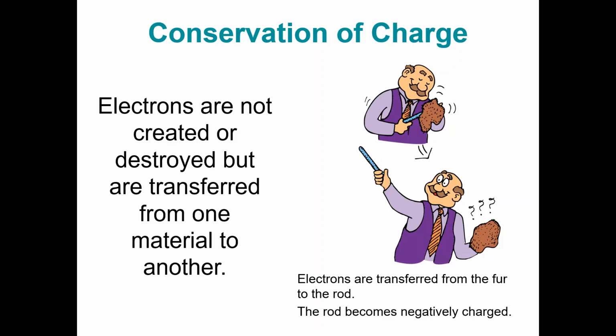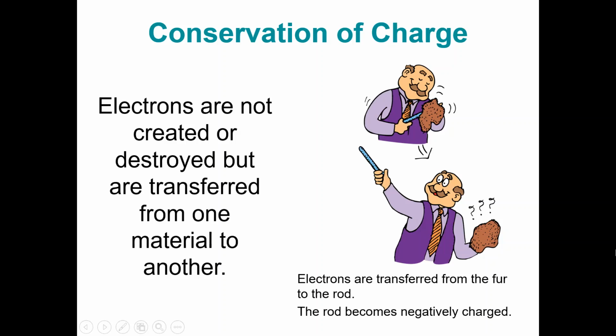Okay, so if we know this, that these charges cannot be destroyed and you can't make them, they're always there, you can realize, oh, well, they must just kind of move around from material to material. And that's what happens. Electrons can actually move from one area to another. The protons are stuck in the nucleus, but the electrons can float around.